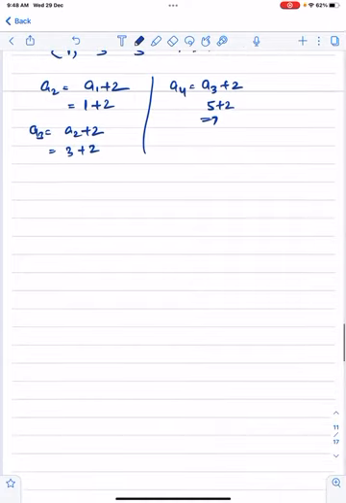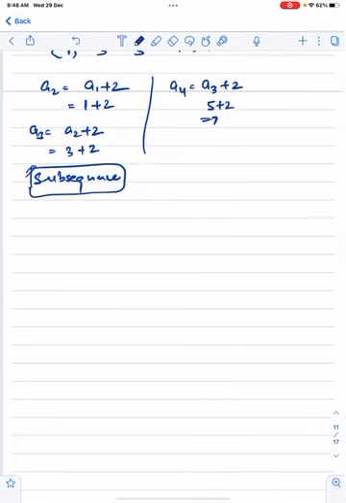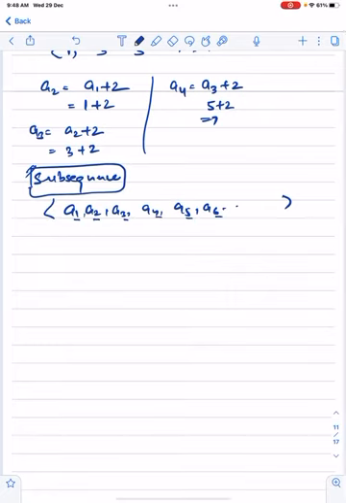Next term we have is subsequence. As the term suggests, a subsequence means a part of a sequence. In general you write a sequence in this form, and the specialty is that the order 1, 2, and so on is the natural order of the sequence.